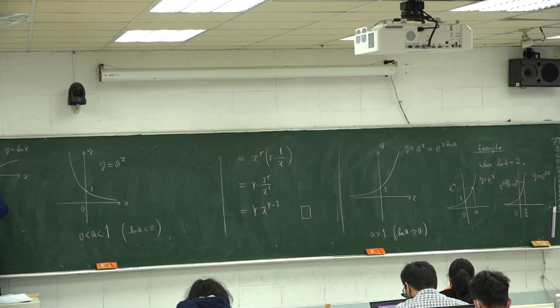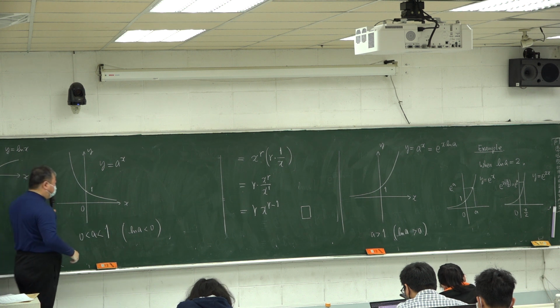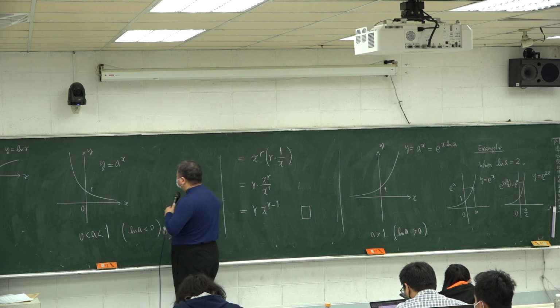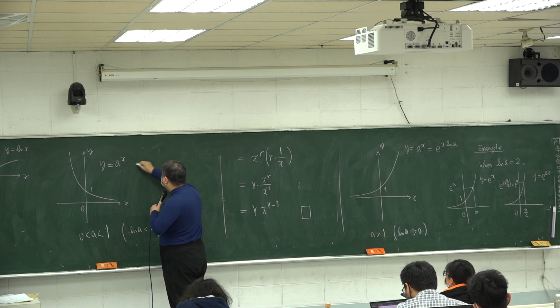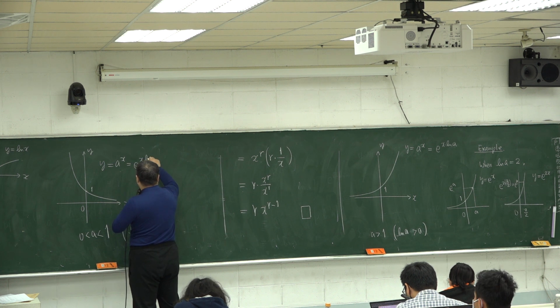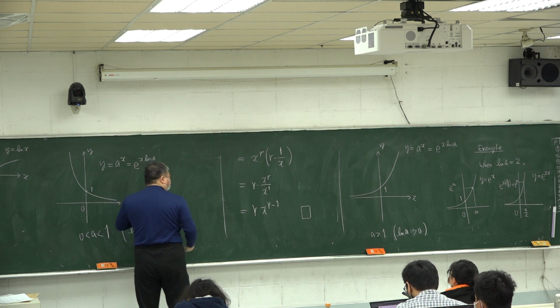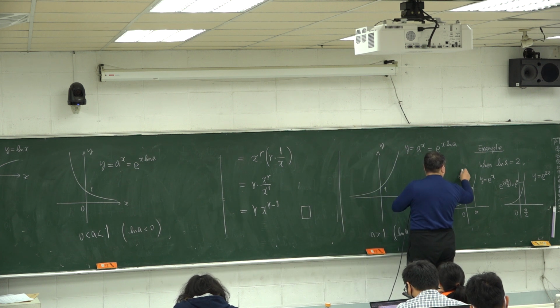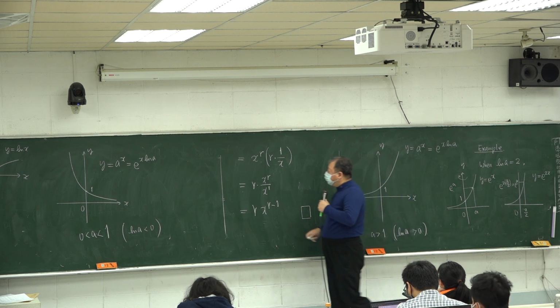If a is between 0 and 1, then ln a is negative. If this is negative, by the definition of a to the x power, the graph of this one can be obtained from this one with a reflection about the y-axis.